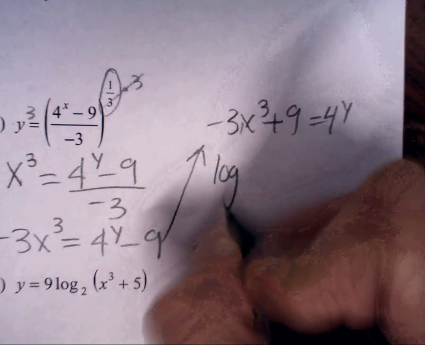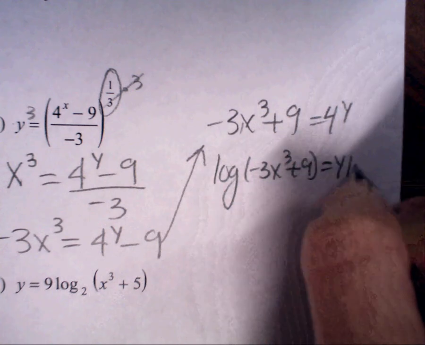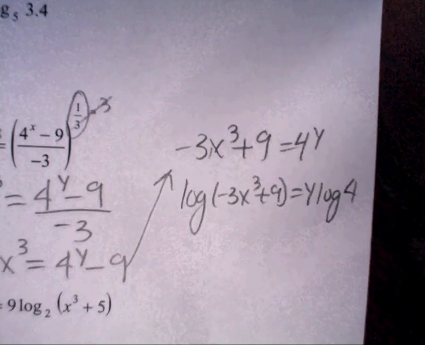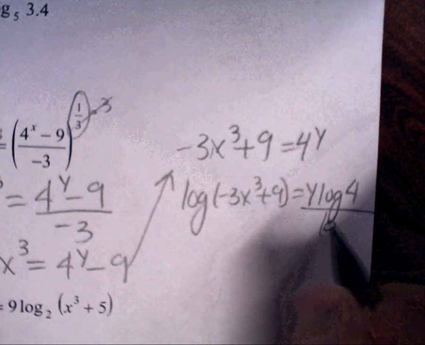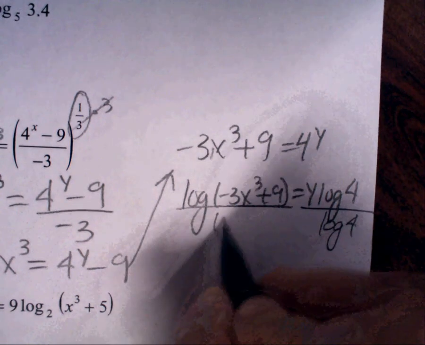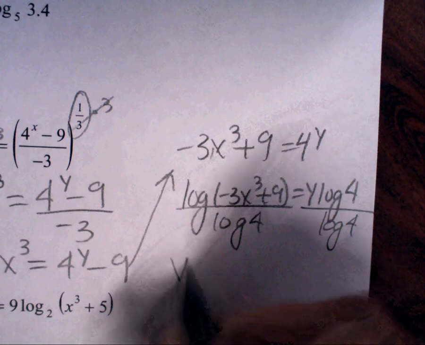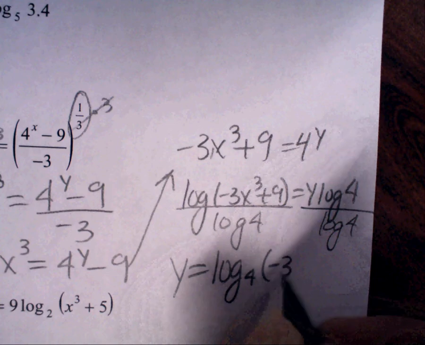Log of negative 3x to the third plus 9 equals y log 4. Okay, so then I'm going to divide by log 4. And when I divide by log of a number, what happens is that ends up turning into the base, with what's in the numerator. So log base 4 of negative 3x to the third plus 9.